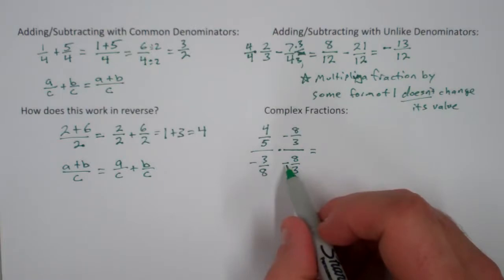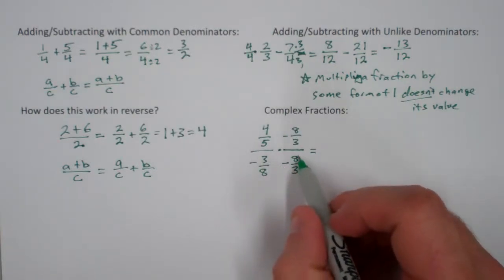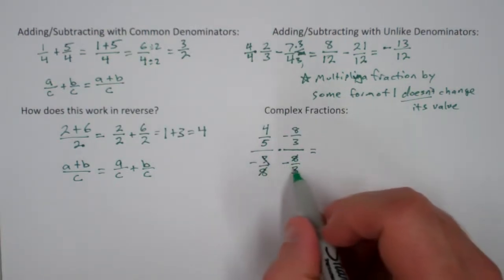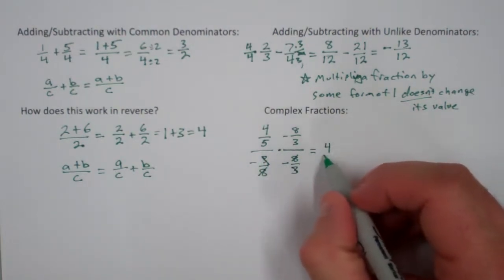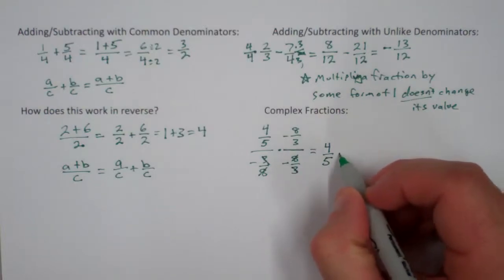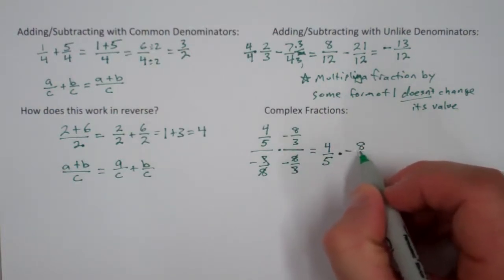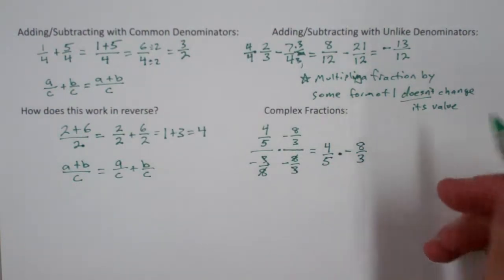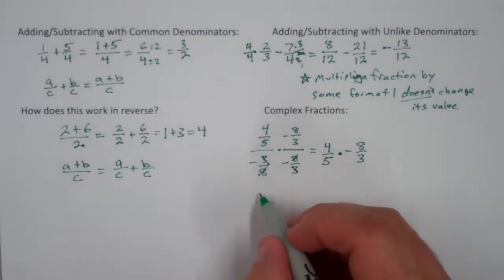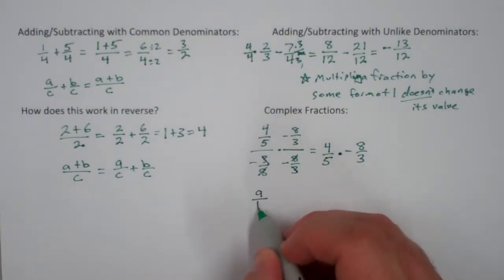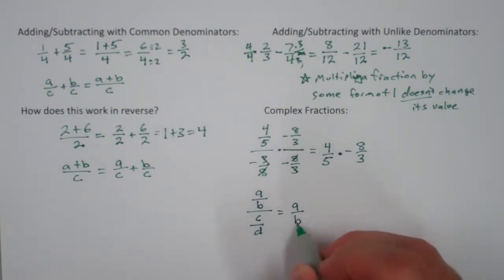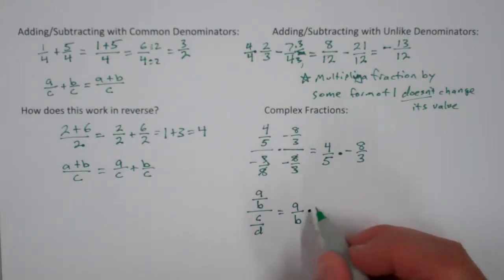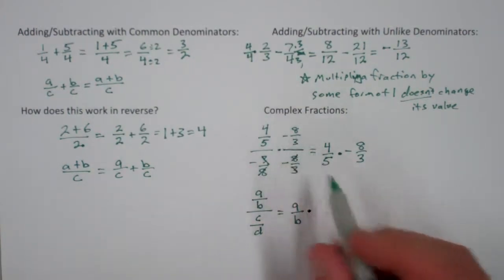Now here's what's going to happen. Negative times a negative is a positive. 3 over 3 is 1. 8 over 8 is 1. We'll have 1 left underneath here. And so really all this is 4 over 5 times -8/3, or times the reciprocal. If we're doing this with a little bit of algebra, let me give you a over b and c over d. What we do here is take the numerator fraction, the a over b, and you will end up multiplying by the reciprocal.